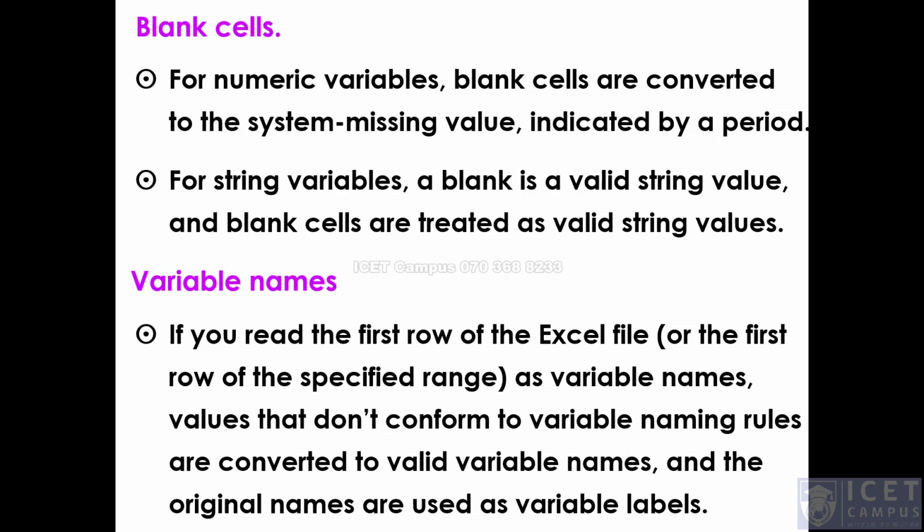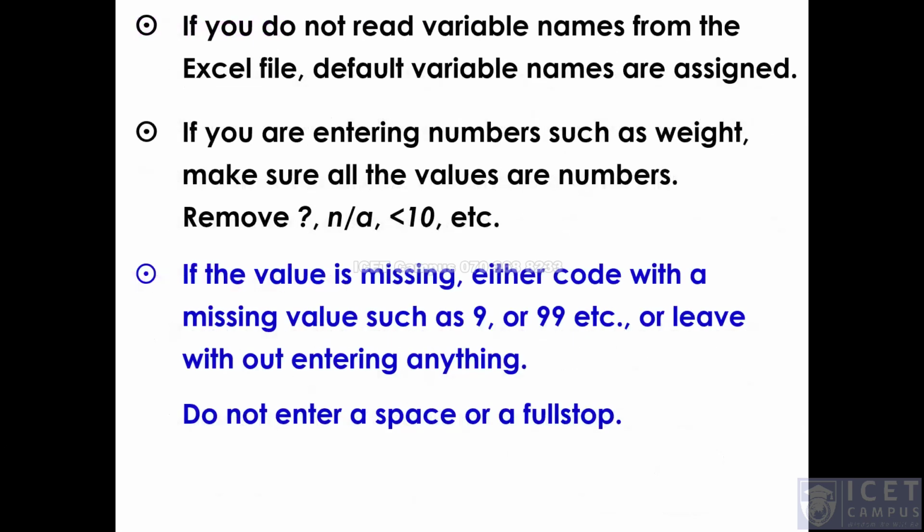If you do not read variable names from the Excel file, default names are assigned. If you are entering numbers such as weight, make sure all values are numbers. Remove these variables, right?